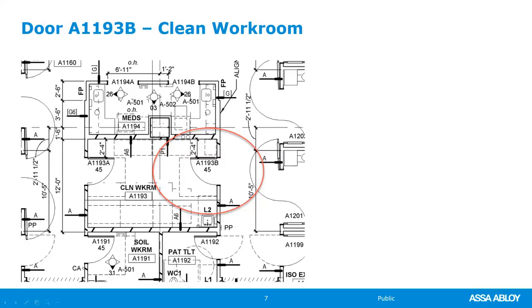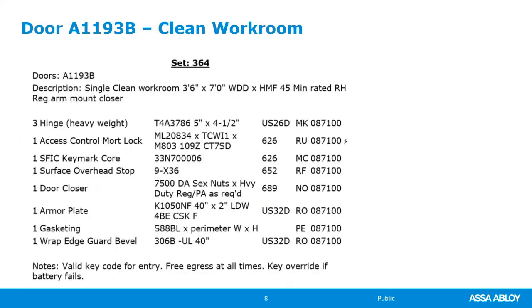The other thing I want to remind everybody of, this specification was written over the course of a 4-year span, and then it took a couple years for the building to be constructed. So the videos of these doors are already 3 years old.